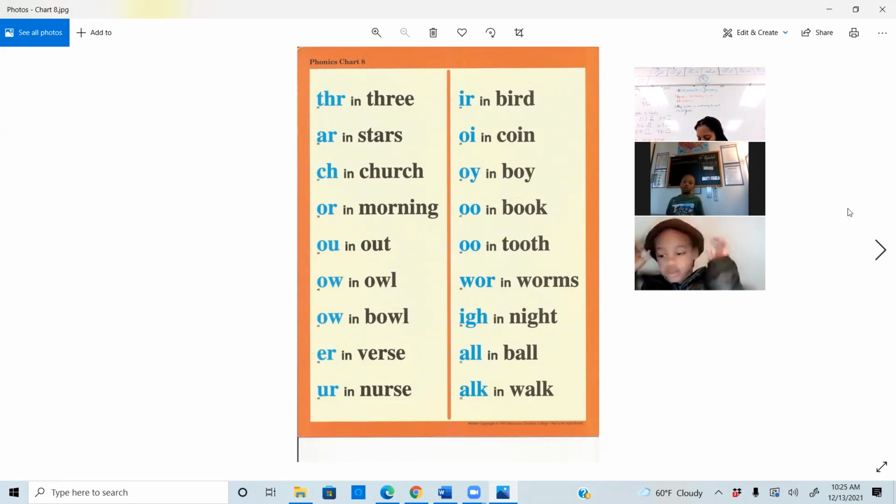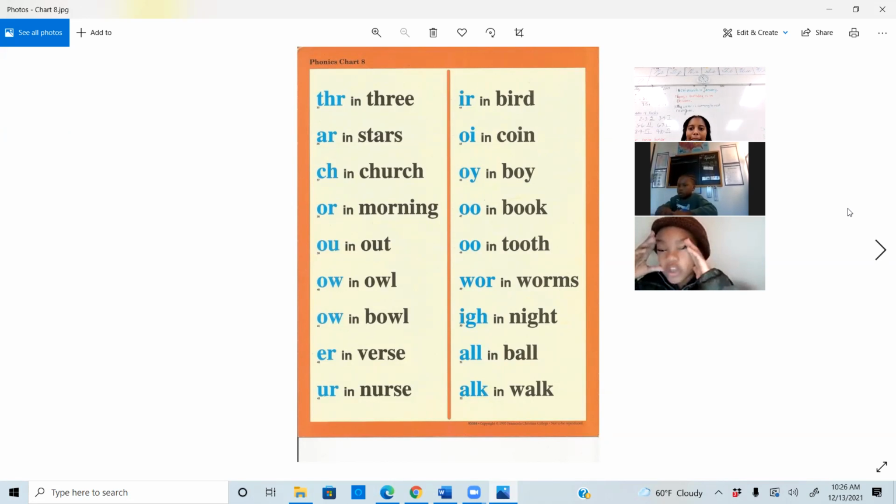OU says ow, and out. OW says ow, and owl. OW says o, and bowl. ER says er, and verse. UR says ur, and nurse.